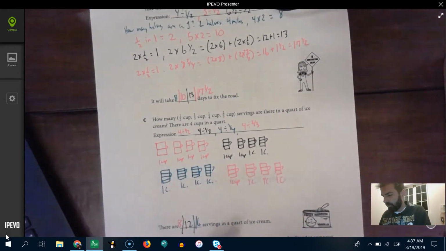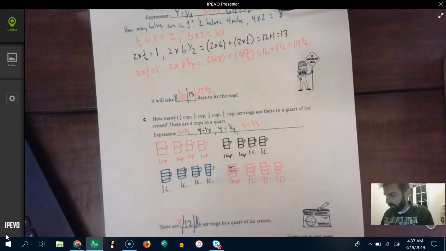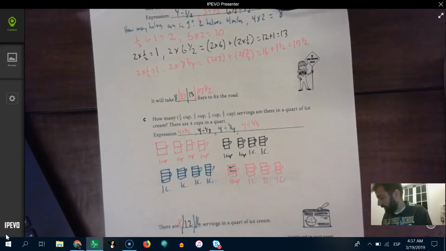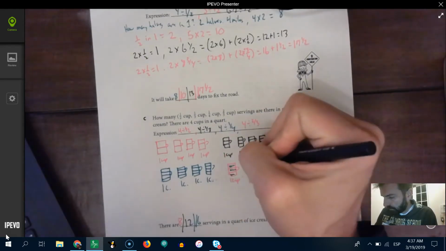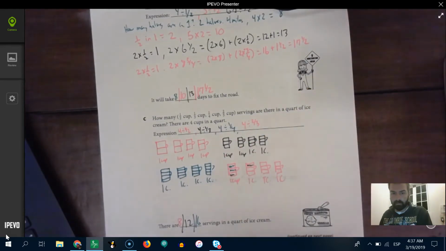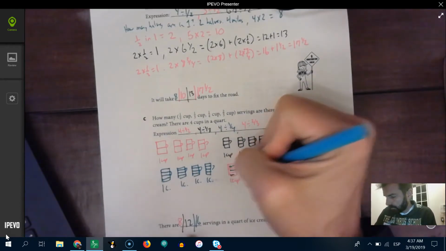I'm going to see how many 2/3 go into that. So that's 1. What if I switch back and forth colors, if that would be easier? That's my second. Can you tell the difference in those colors? I think so. Good. That's my third.